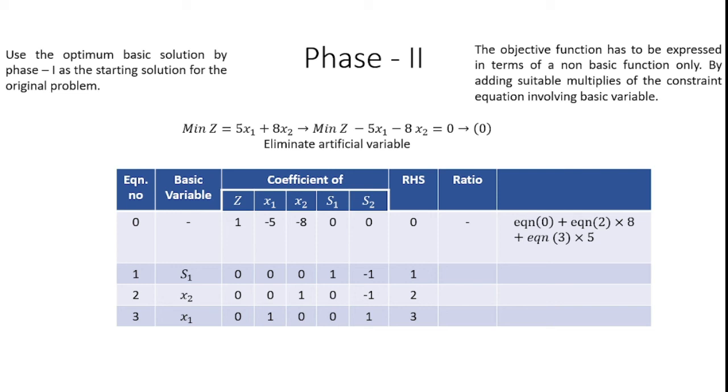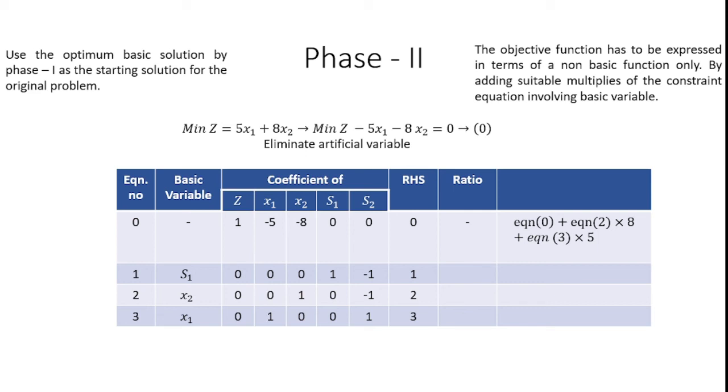Here I utilize the mother equation, which has the problem. The problem is minimization of z equal to 5x1 plus 8x2. So I convert that to z minus 5x1 minus 8x2 equal to 0 as the objective function, equation 0 of the phase 2 initial table.